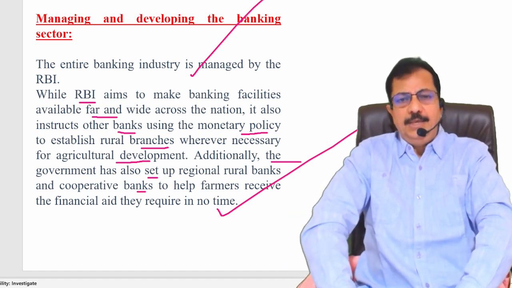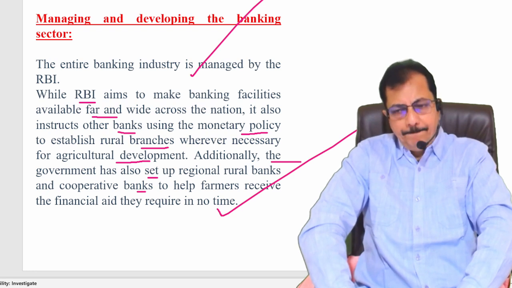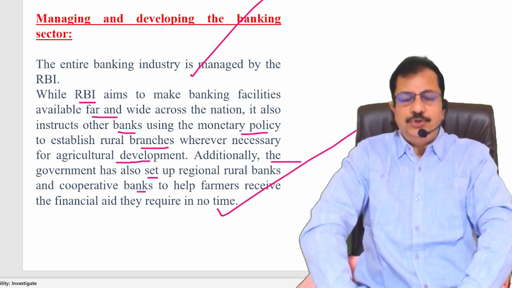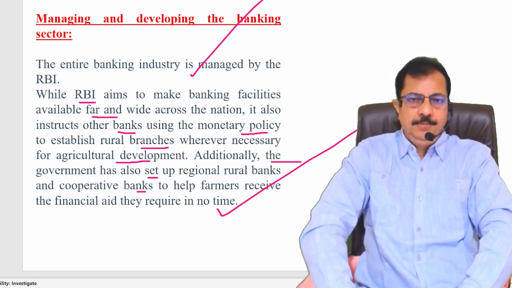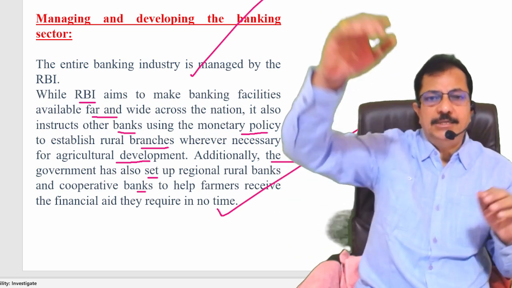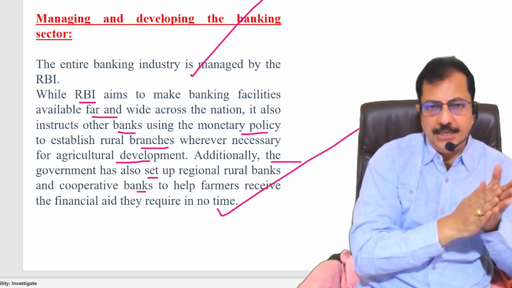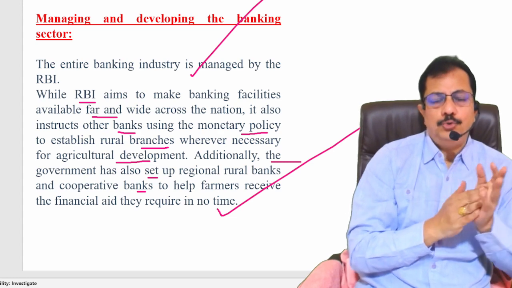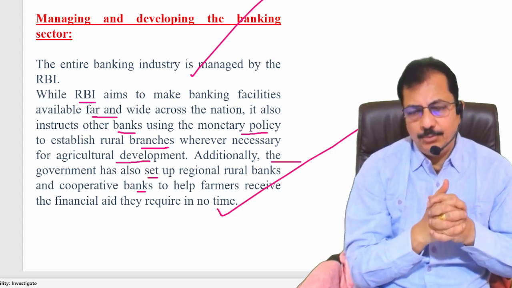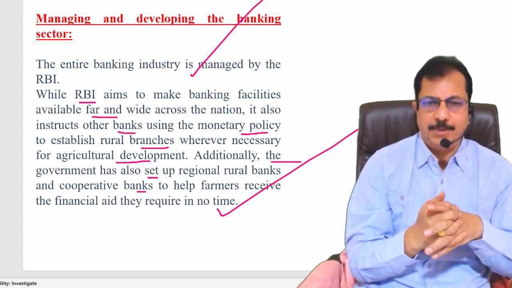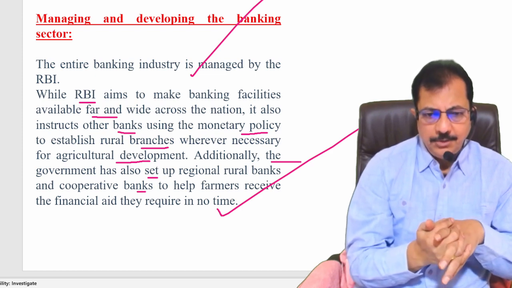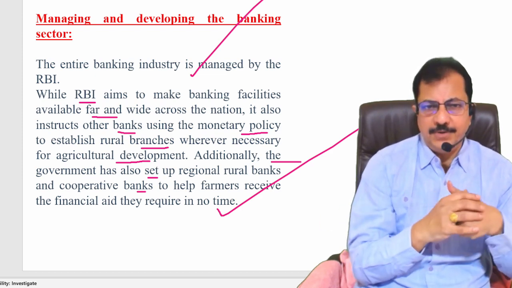So what is the meaning here? You need to provide loans for agricultural development, and our agriculture is present in rural areas. How will those innocent farmers come to the urban areas for the purpose of loans? The process is totally cumbersome for them.